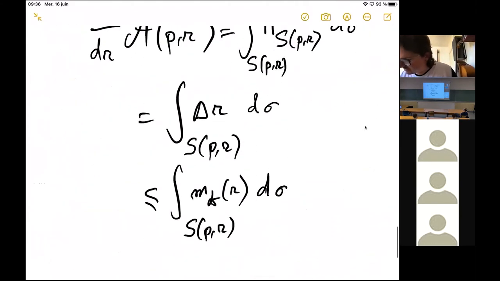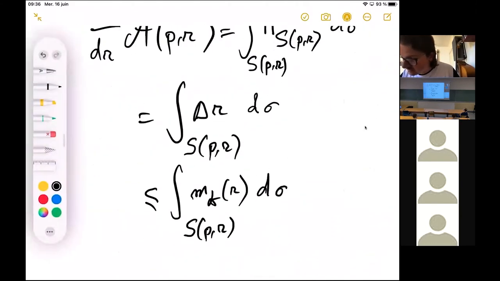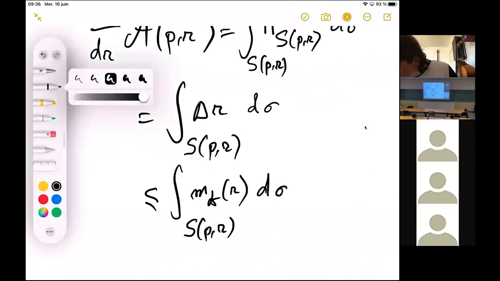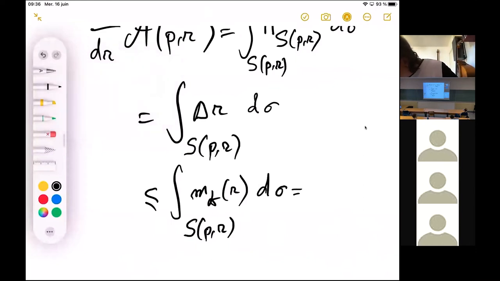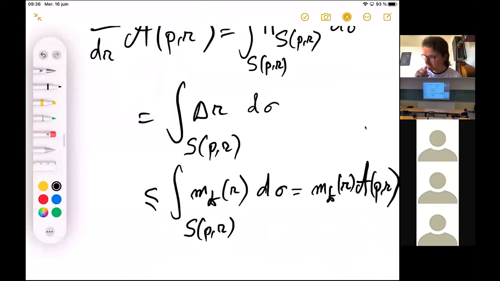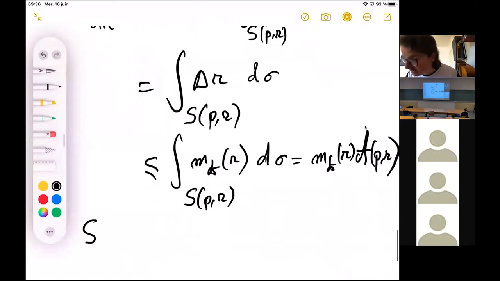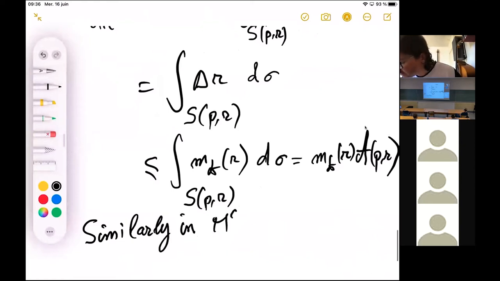Okay, let's continue here. Now, m_k(r) doesn't depend on the point of the sphere. So this here is equal to m_k(r) times the area of the sphere. Similarly, we can do the same computation in the space form.